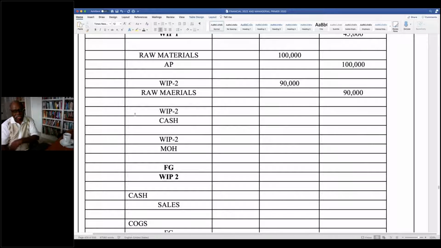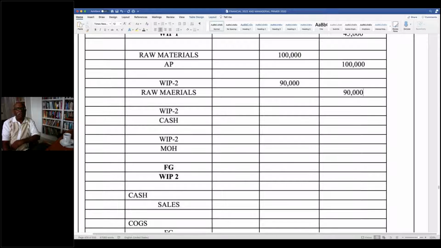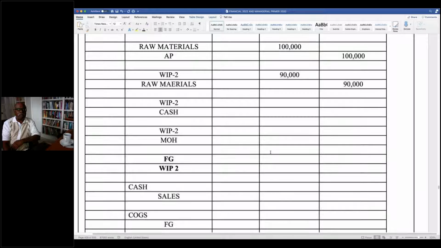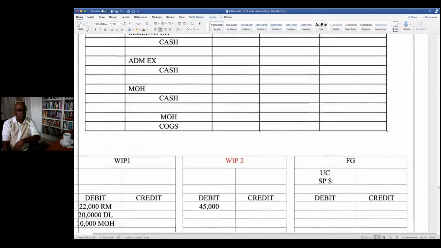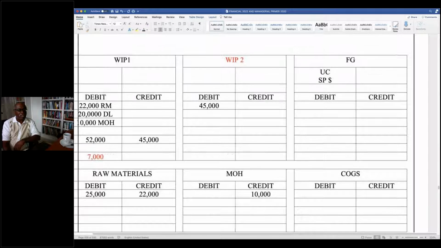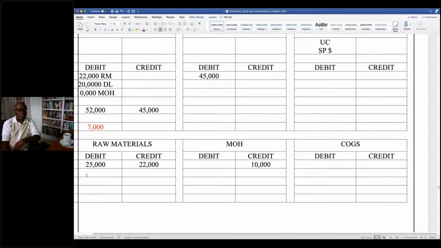Let's just do some postings right quick. We had a debit here of 100,000, correct? Yes. Got a credit of 90,000.